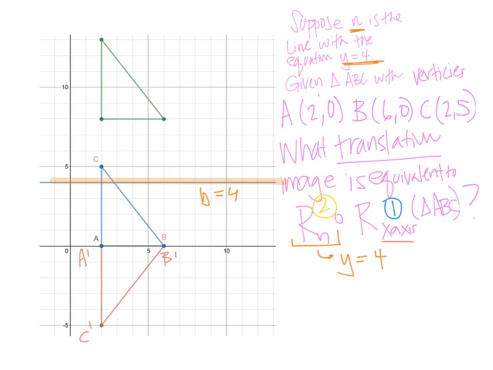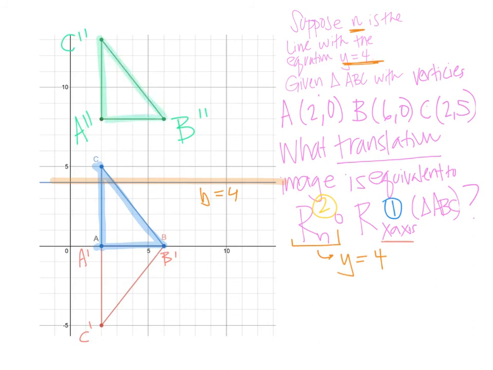When we reflect that, this becomes A double prime, B double prime, and C double prime. Now, if we look at our original image to our final image, here's our original image. That's our pre-image. And then our final image is right up here.